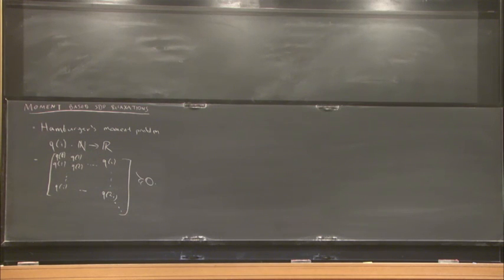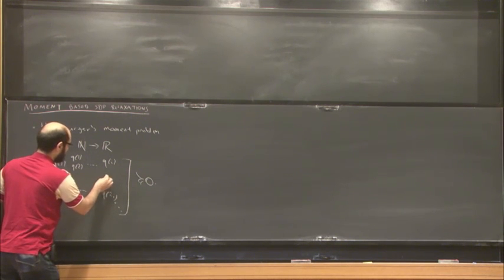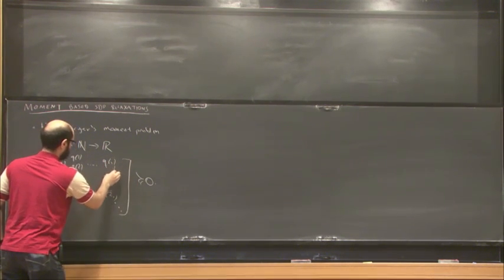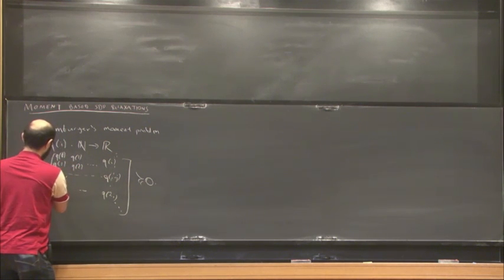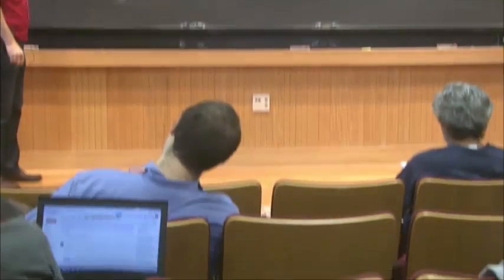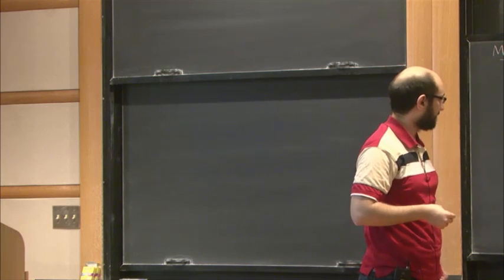So basically, at the ith, jth column of this matrix, we have the entry I plus j. In order to test whether a given sequence is a moment function, we can just construct this matrix, which is infinitely large, unfortunately, and then check for its positive semi-definiteness.